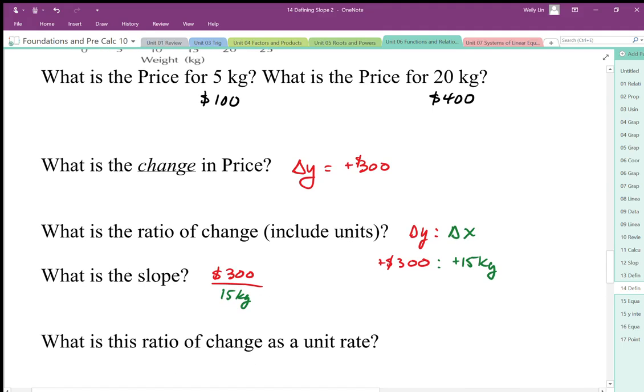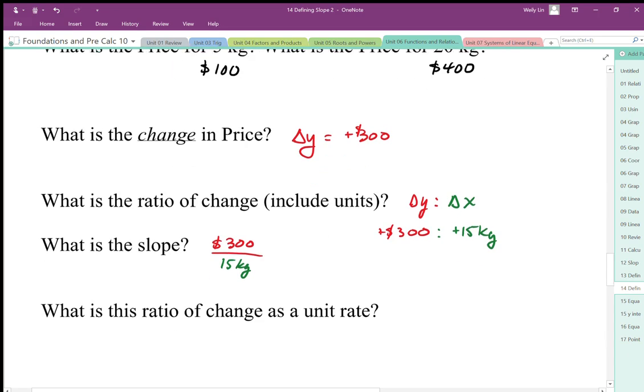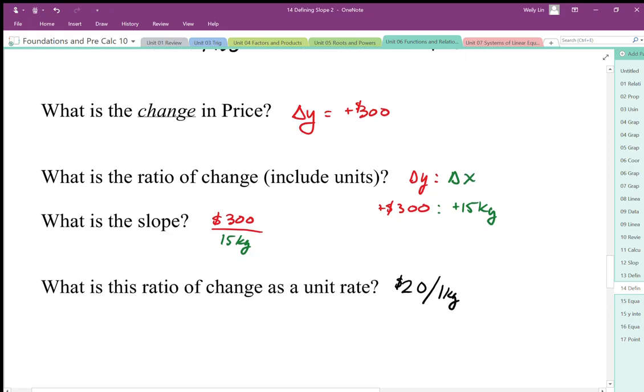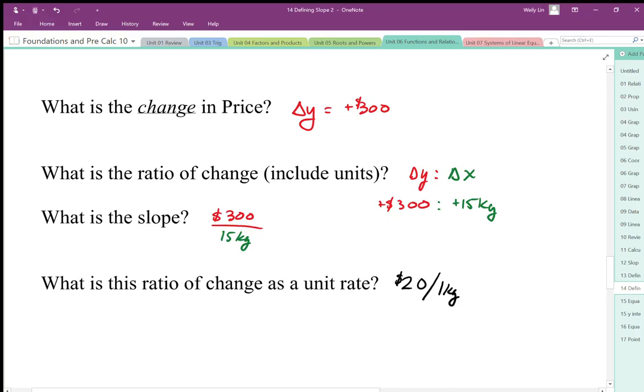Okay, so there's my slope. As a unit rate, I divide this. So 300 divided by 15 gives me $20 per 1 kilogram, or $20 per kilogram, and that represents my unit rate. And I find my unit rate by just dividing that slope.